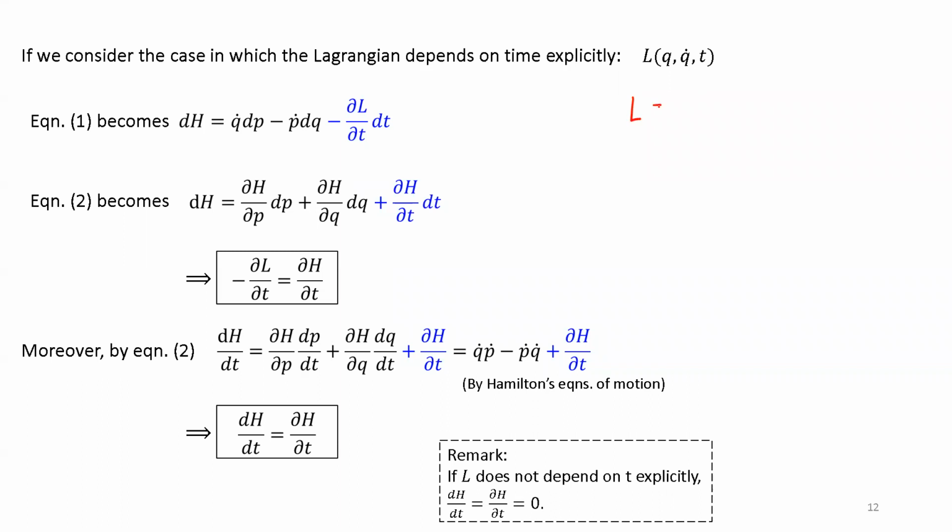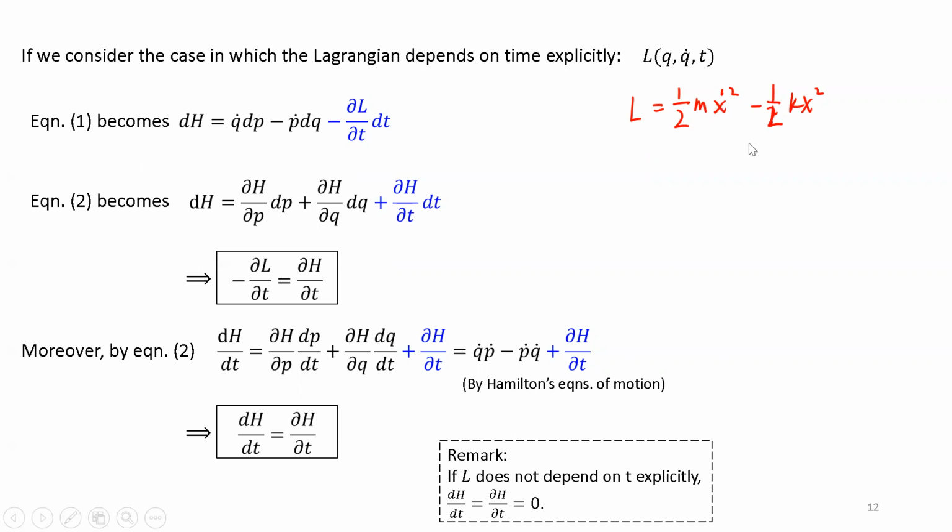Let's say L again, let me use a simple harmonic oscillator. This one does not depend on time explicitly, right? But you might argue that L should in fact be a function of time, because x is a function of time, and x dot is also a function of time.